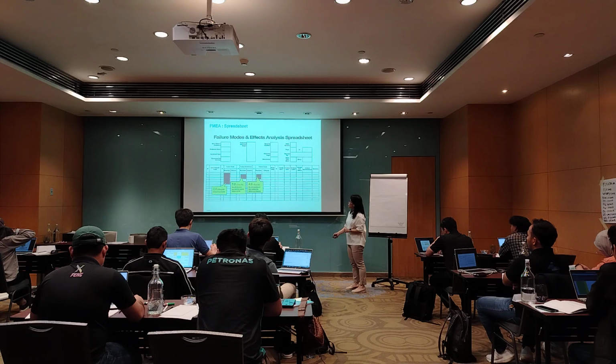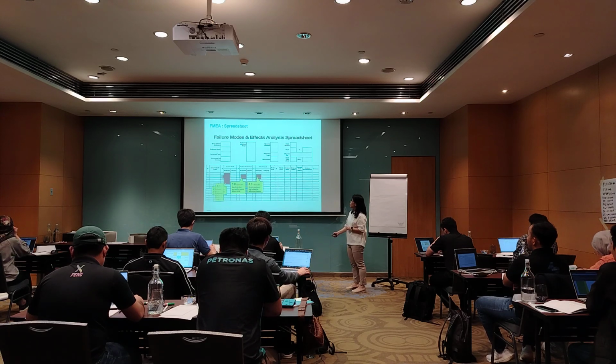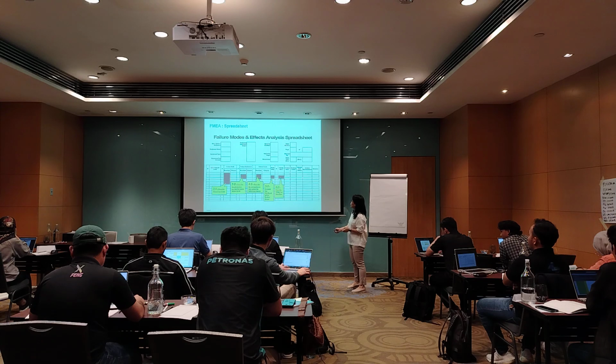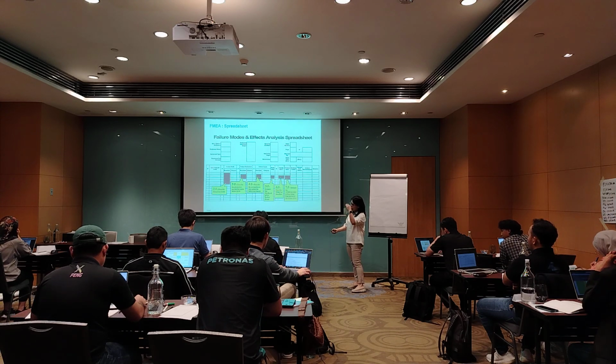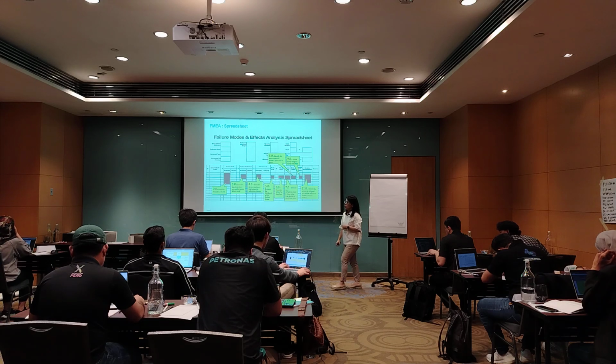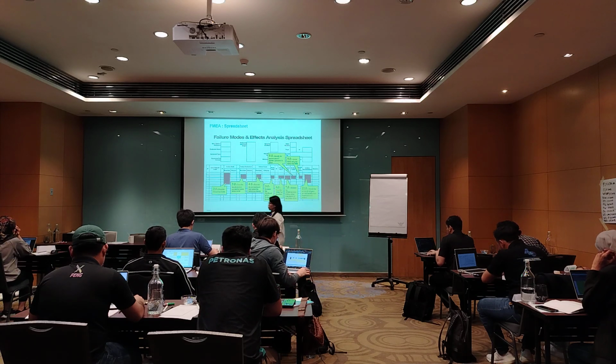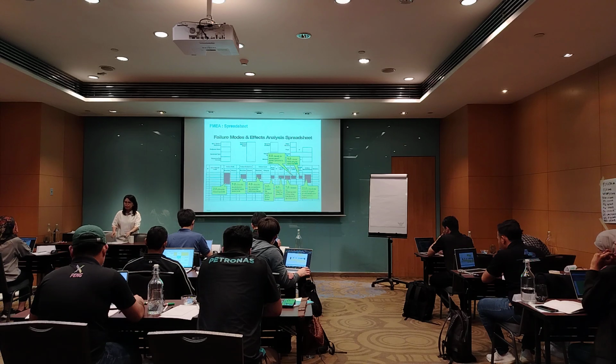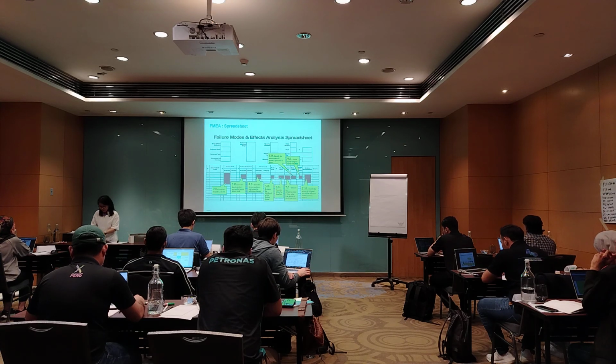Failure causes, answer the why. Then the likelihood, the effect, the consequences, what is the level of impact, as well as the existing controls, and finally the recommendations. With this, we can develop the template.